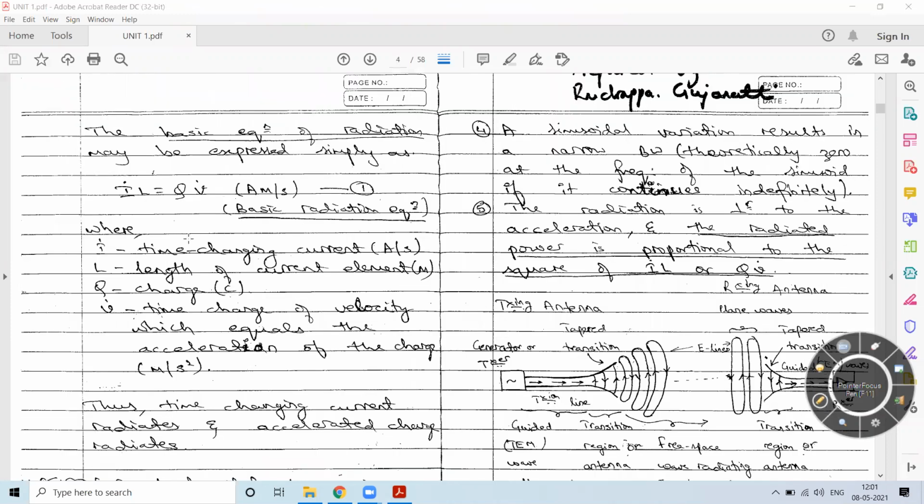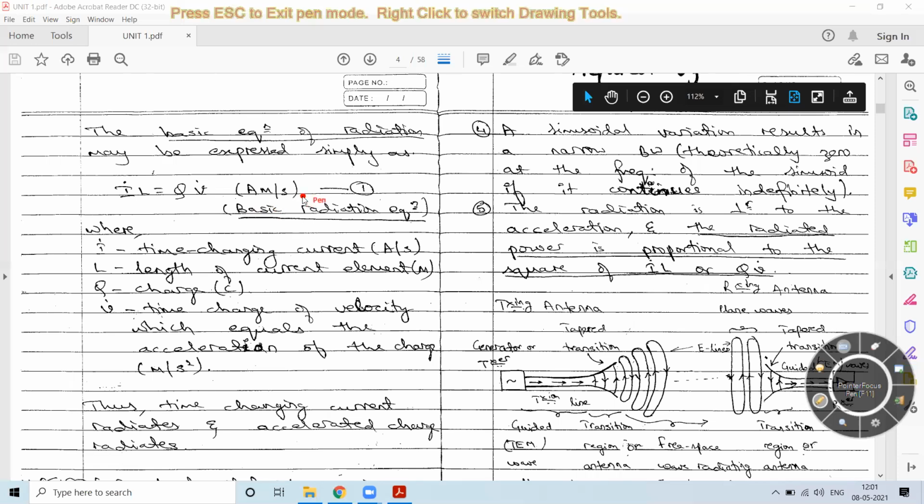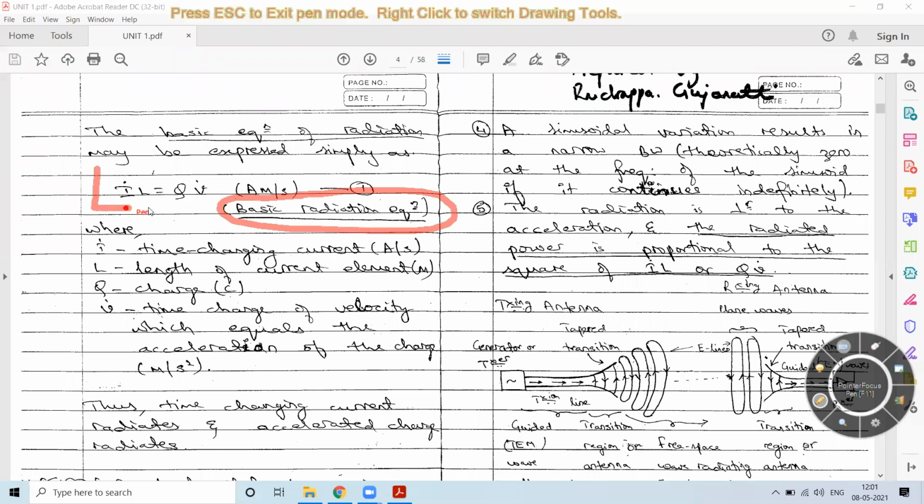So when we consider it in equation form, we have a basic radiation equation over here. What does this basic radiation equation represent? It represents I dot L equals Q V dot. This specifies the basic radiation equation, where I dot represents the time changing current.